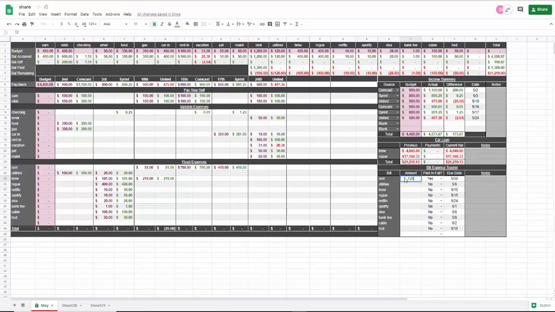But we'll keep it since we paid the exact amount. Utilities, you budgeted $120, but let's say your utilities was only $95. That is the amount that you paid in full. So instead of a negative 25, you actually have a surplus of $25 that you would keep in your checking account.